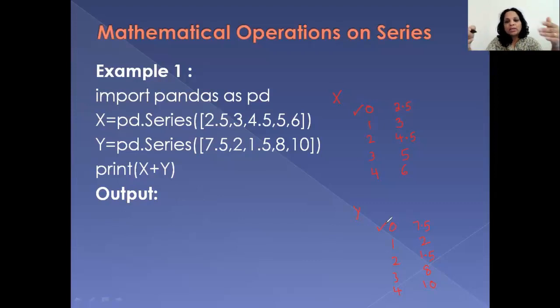Similarly, the element at index label 1 gets added with the element at index label 1 in Y, and you get the answer. Is that clear? So let's just see what my answer would be.